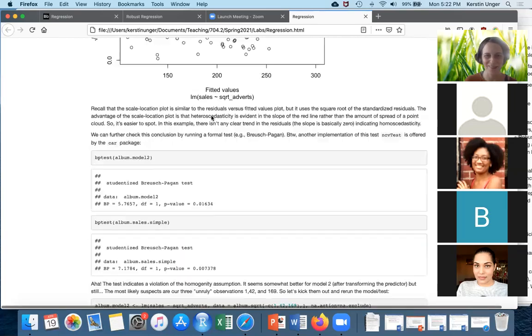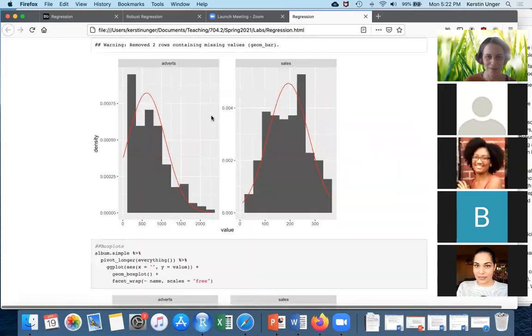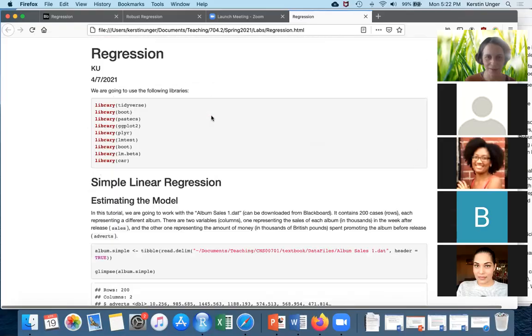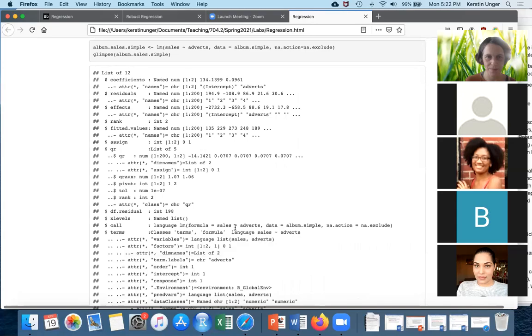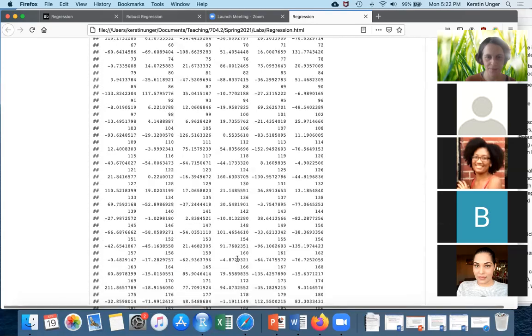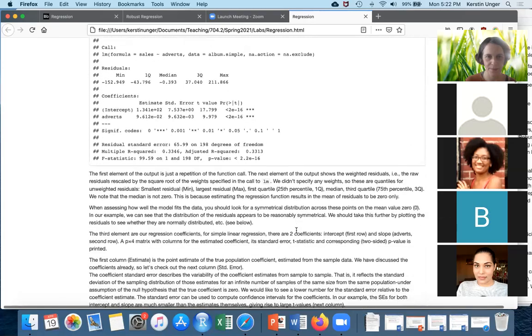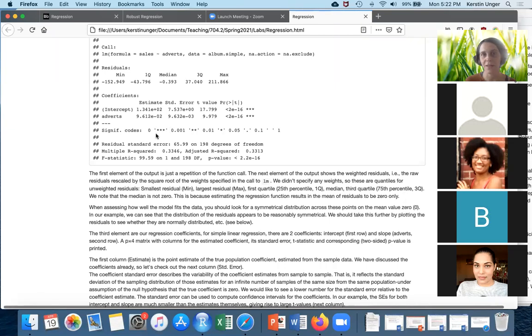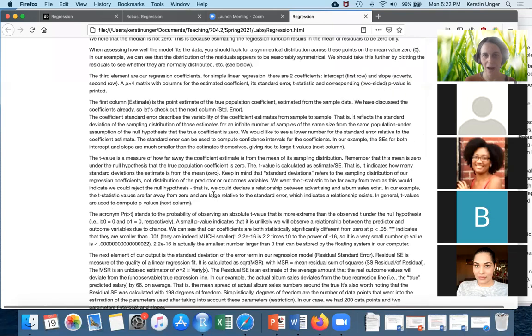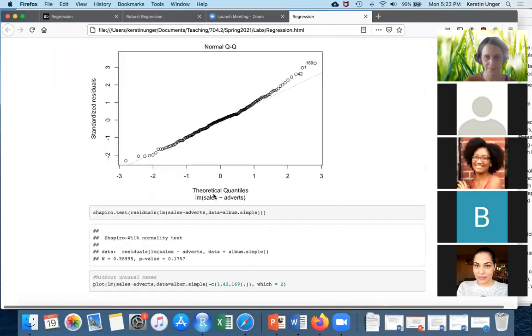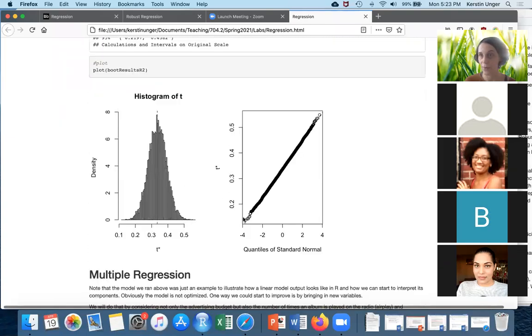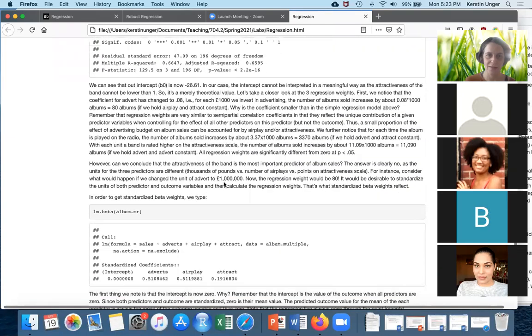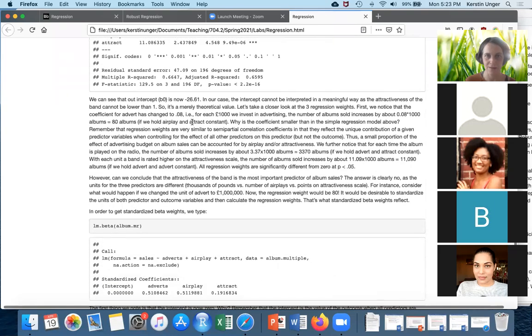I can't remember, so I have to go all the way up here to our model summary function. All right, so here it was actually 0.01, right? And now it is 0.08. So it's 8 times as large as it used to be.